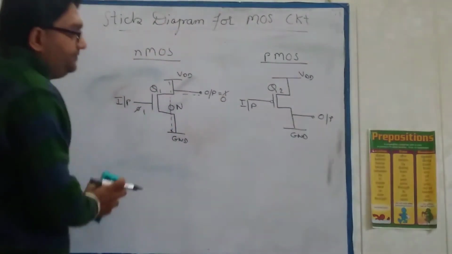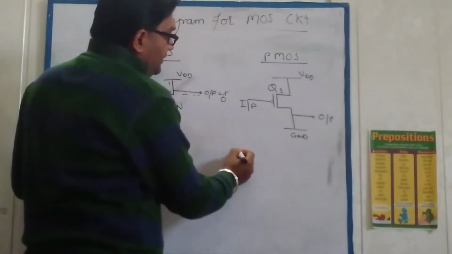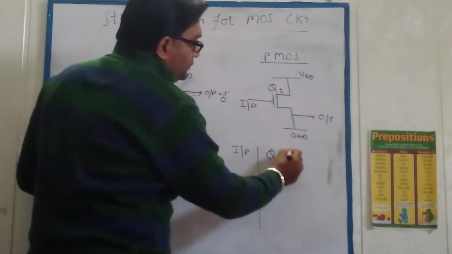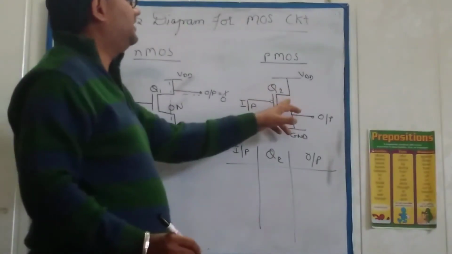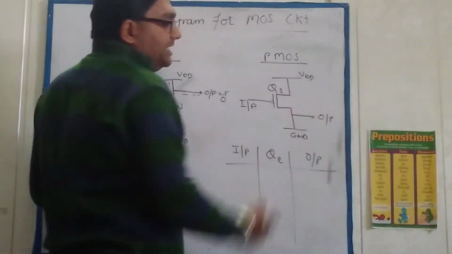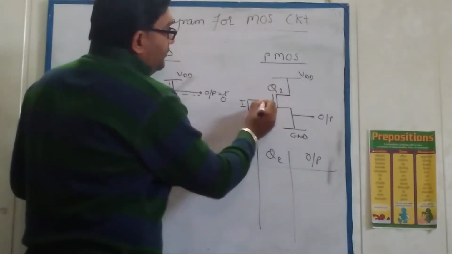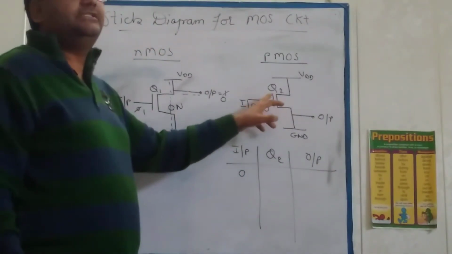Similarly, on the P side, again you take the input, the Q2 position, and the output. Q2 represents the transistor, whether it is on or off. Here the output is taken from the ground. Now the first condition, let us take, you apply input as 0. Due to this bubble, this means it is active low.